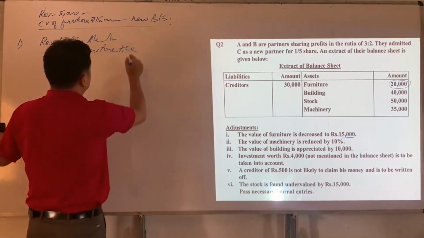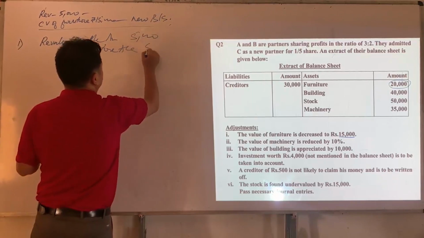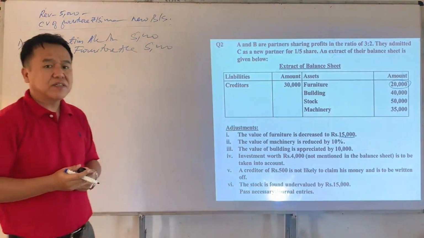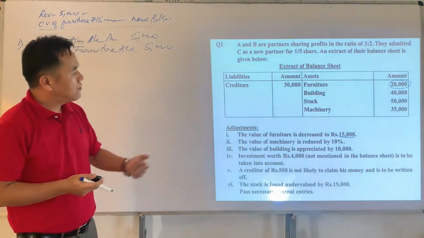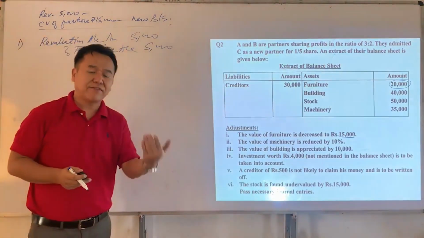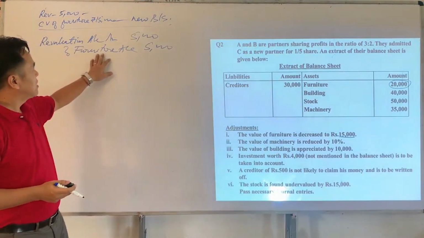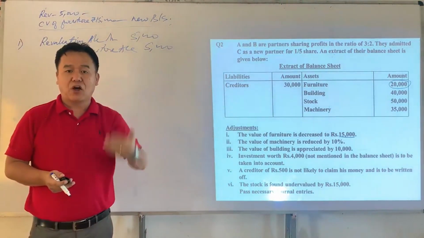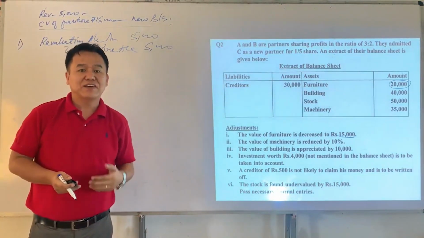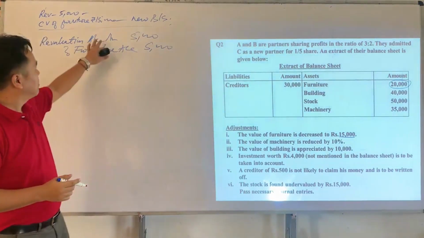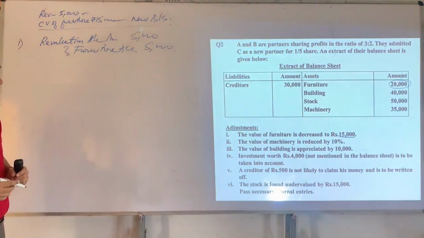It is decreased by 5,000. So why is the furniture account credited here? Because the value of furniture is decreased. Since furniture is an asset of the firm, if an asset decreases, it should be credited, and the revaluation account should be debited, since there is a loss on account of the decrease in the value of the asset. If an asset decreases, there will be a loss. Therefore, the revaluation account is debited here.